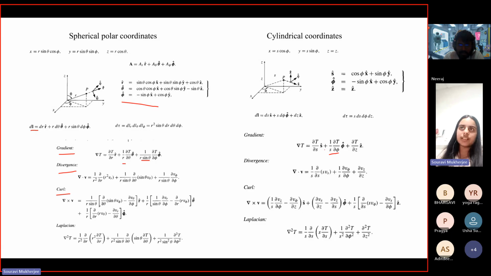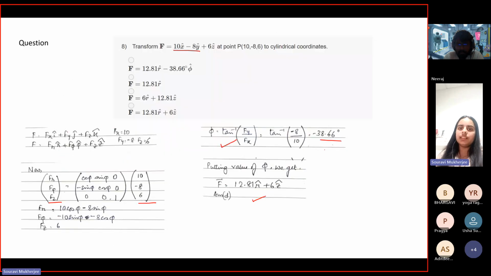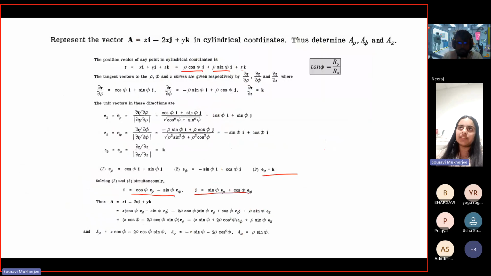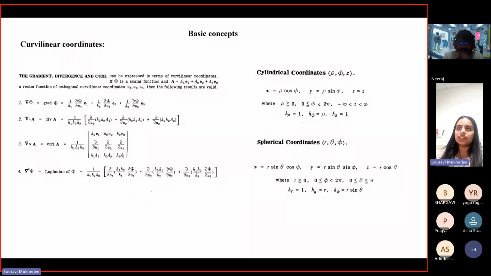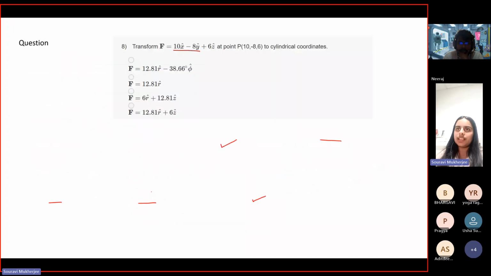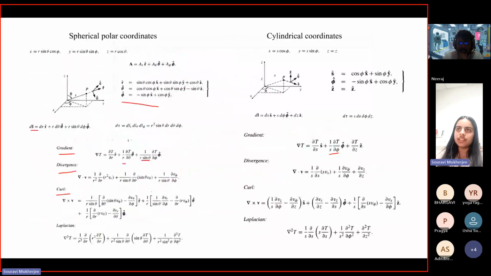So if you know how to find the scale factors for your coordinate system, and if you know the general expression, then you can find your expressions for gradient, divergence, and curl, or any such operator in any coordinate system. The Laplacian is also very useful, as you will see, and this is how you can have different expressions in different coordinates.